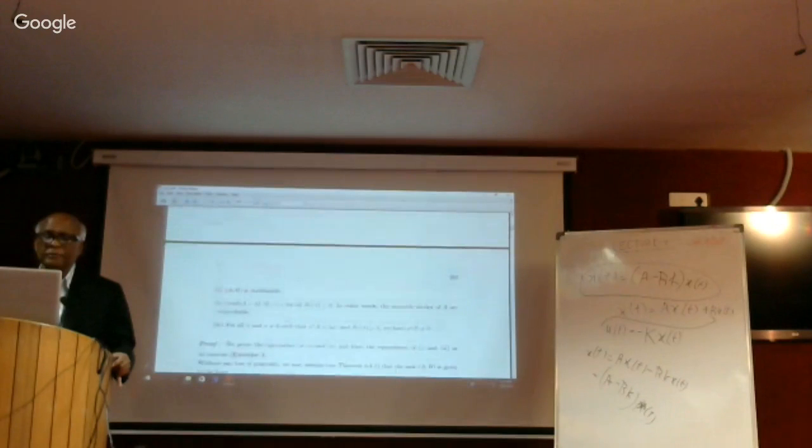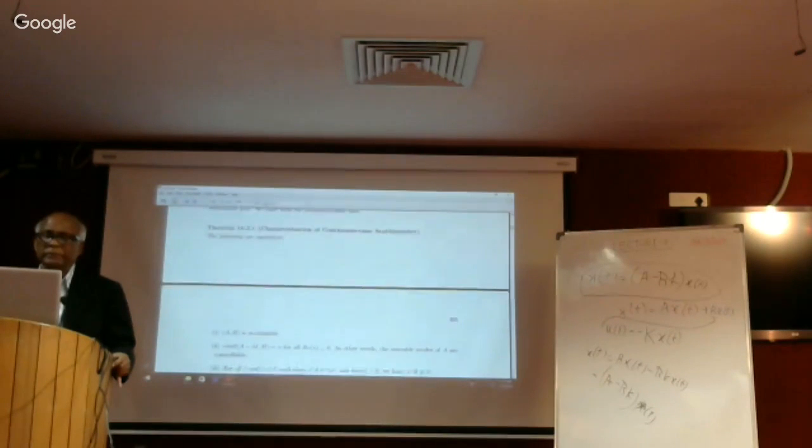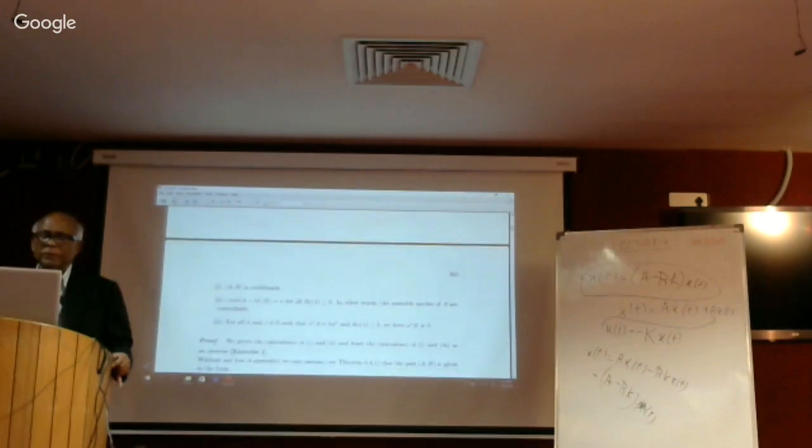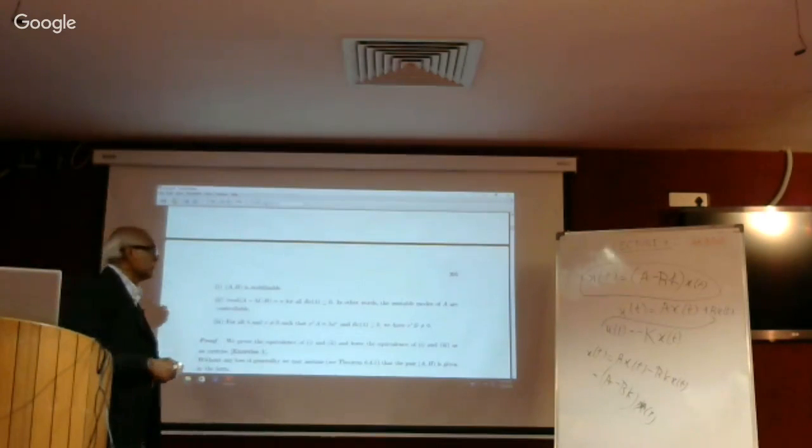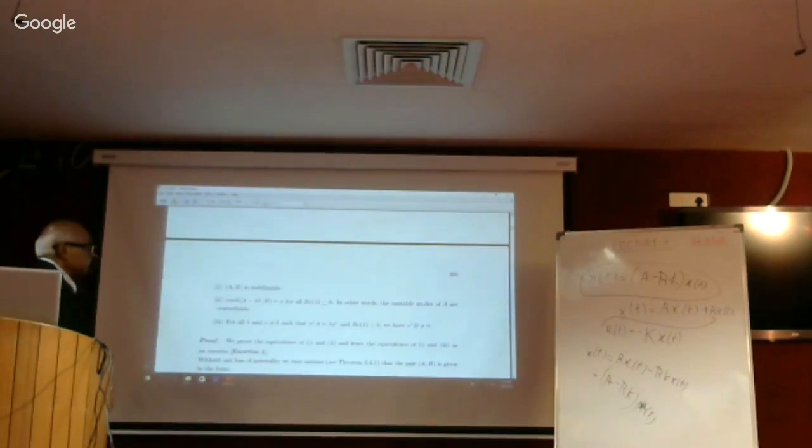This theorem says that the first two statements are important. It says that the system AB, or the system x dot equal to A x plus B u, is stabilizable if and only if the rank of this matrix A minus lambda I, B is n for all eigenvalues of the matrix A for which the real parts are greater than or equal to 0.